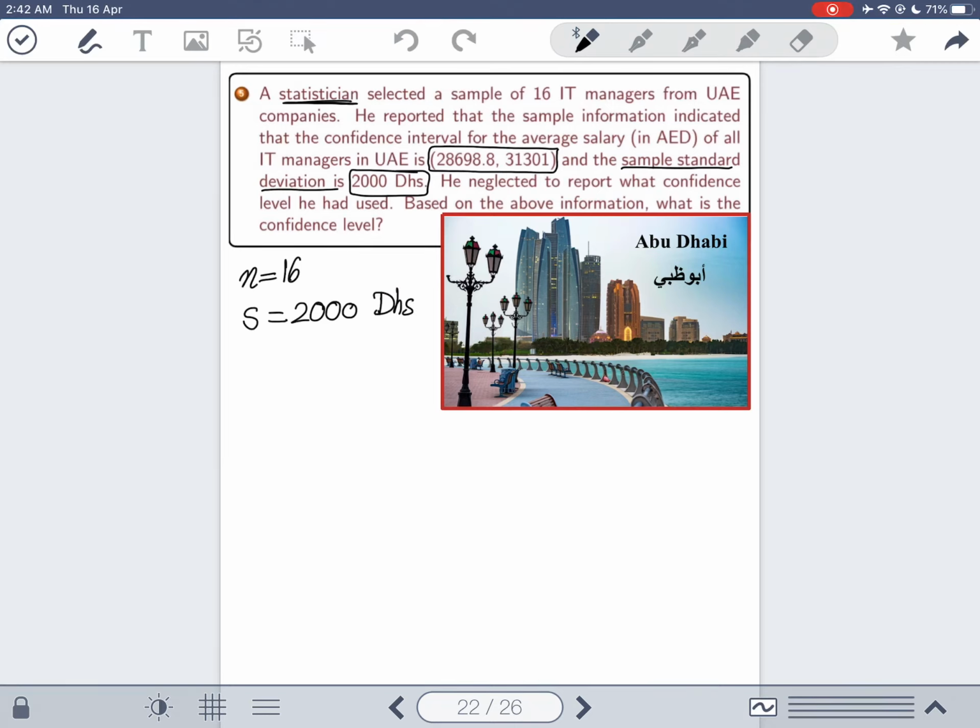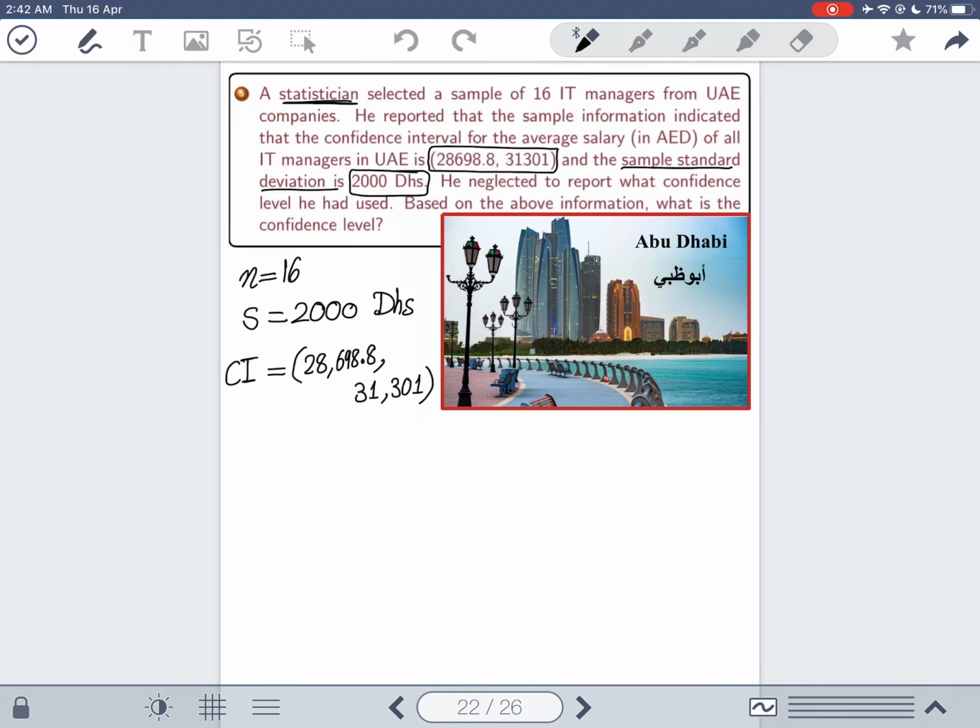So be careful with this question. The confidence interval, it didn't give you the percentage. It didn't tell you how confident we are. It just gave us the confidence interval like this: 28,698.8, 31,301.